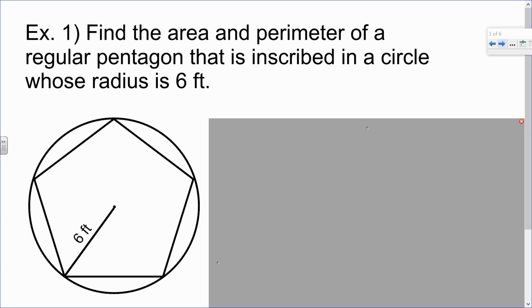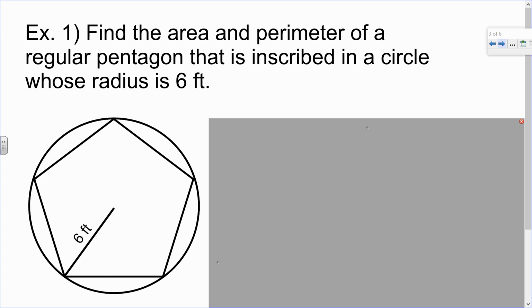So I've drawn it just to keep track of what information they've given me. The pentagon is inside the circle. The radius of the circle is 6, so I'm going to draw that to one of the vertices of the pentagon because that might help me more than drawing it some random place. I try to draw it at a selective point that's going to be helpful for this problem.